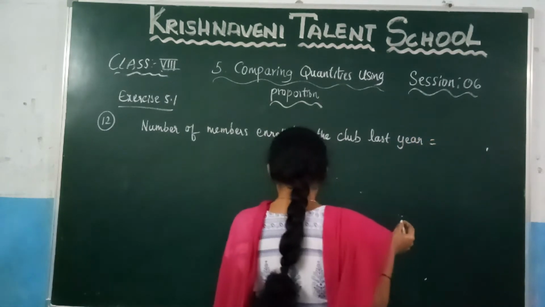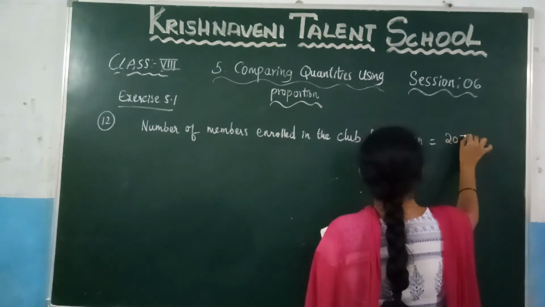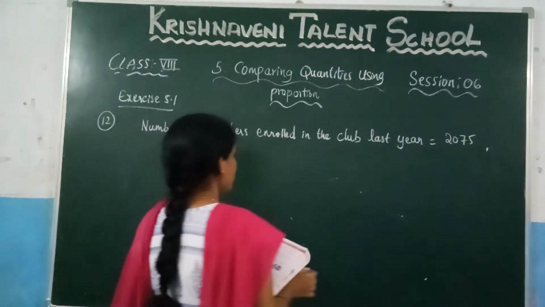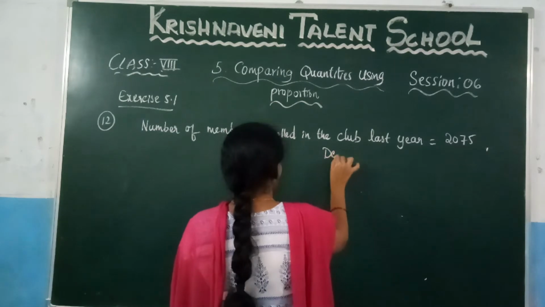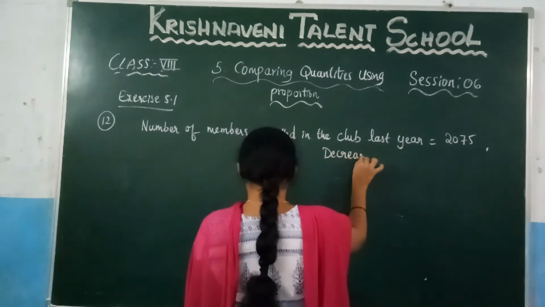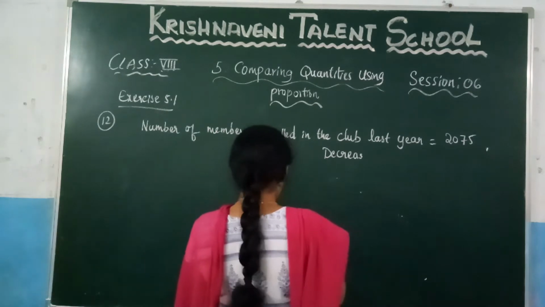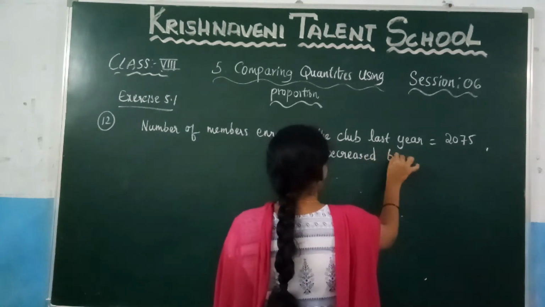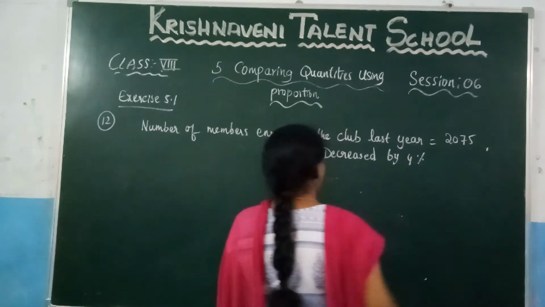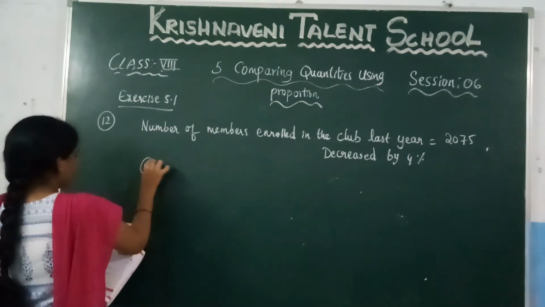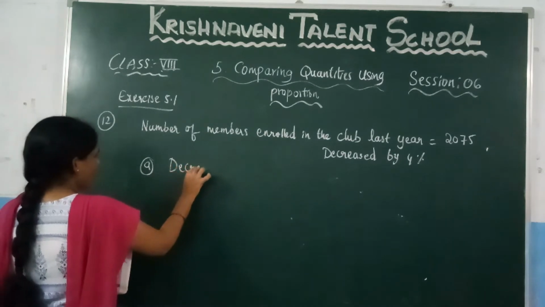How many members enrolled in the last year, which is 2075, and they have given here the decrease in enrollment. How much? Decreased by how much? 4% it is decreased.